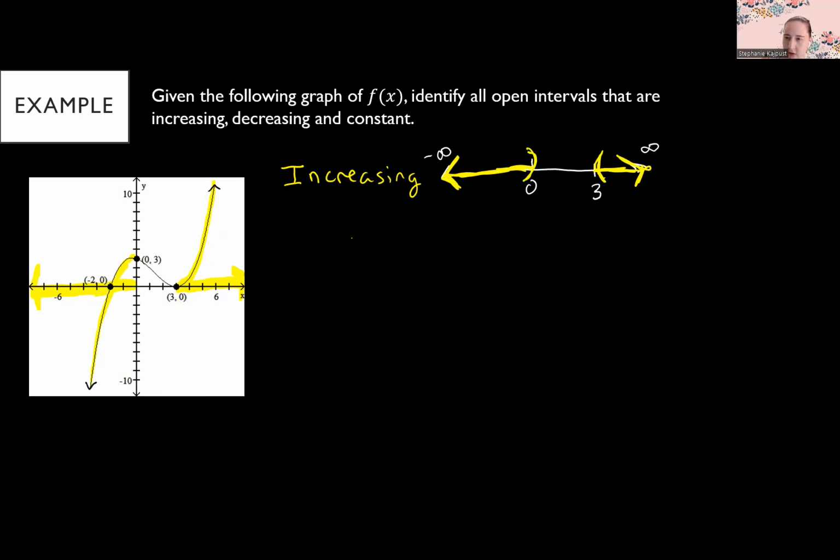So I'm going to have parentheses at the two endpoints. We're going from negative infinity to 0. And then I'm going to do the union here because that's what I'm used to. And then we're going from 3 to infinity. Those are the two sections of the domain where the graph is going up.